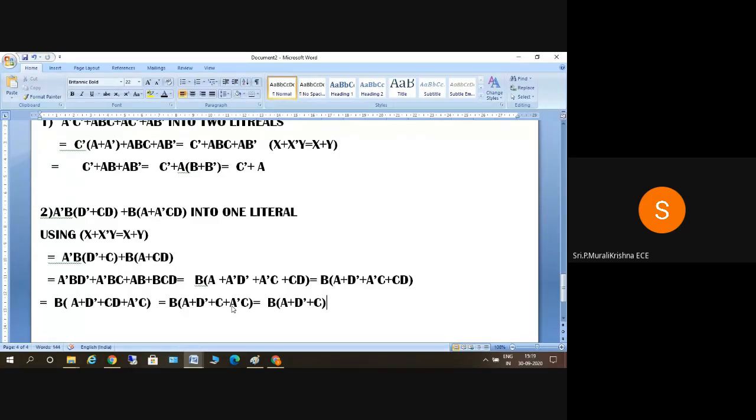Maybe there is a problem with your textbook. Okay. So there is the answer. So just minimize and take it. If we minimize, this expression comes. So we can't reduce it to one literal. So is there any possibility? Please let me know.